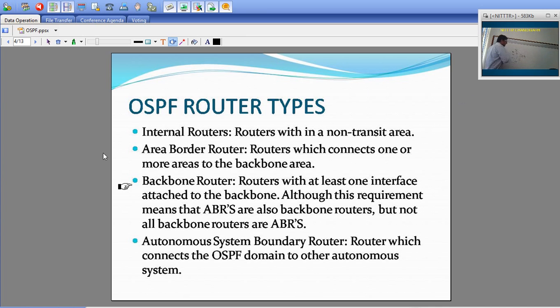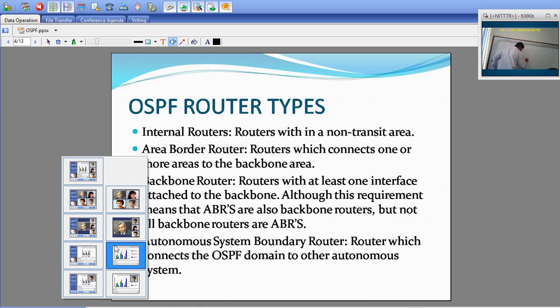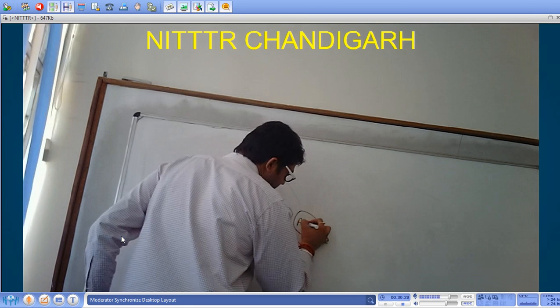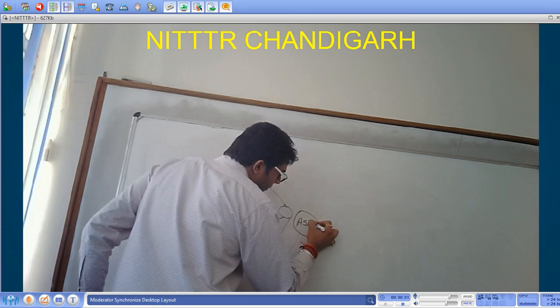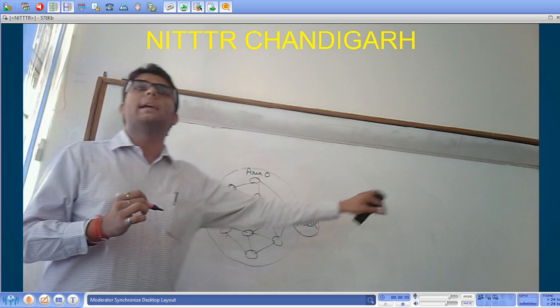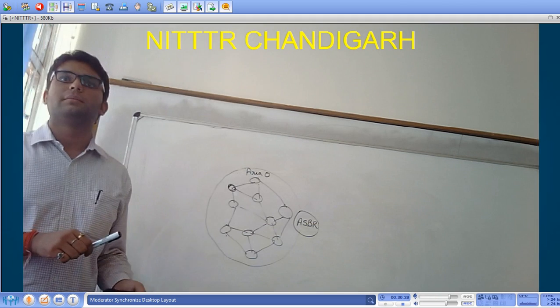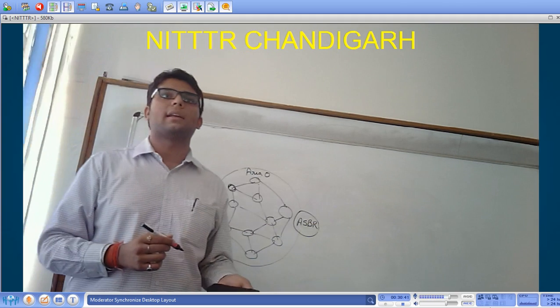Let's say this router is at the boundary. This is the autonomous system boundary router. It will take you to another network that is not running your OSPF.